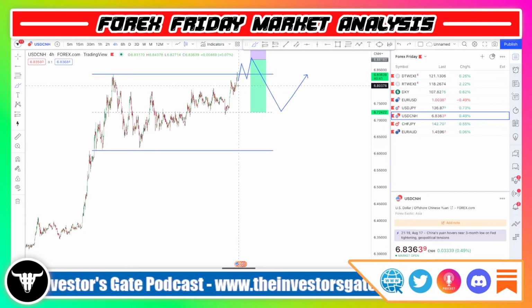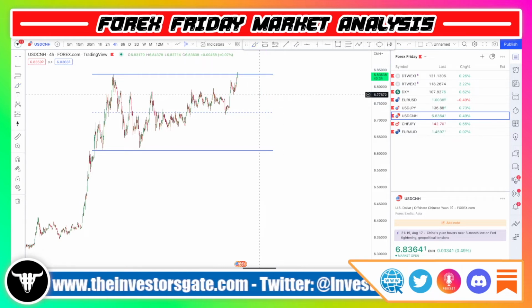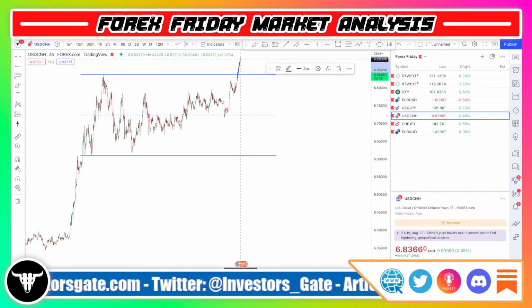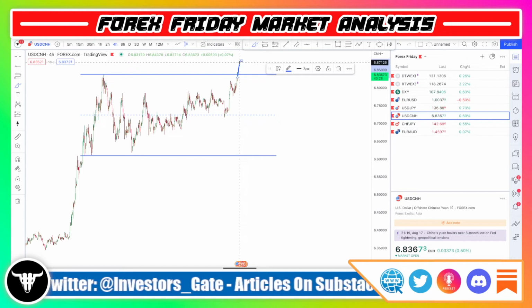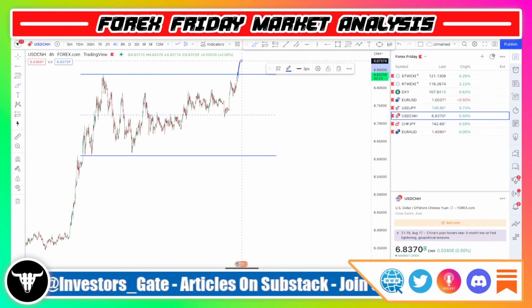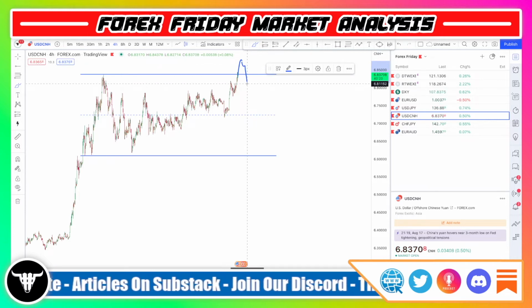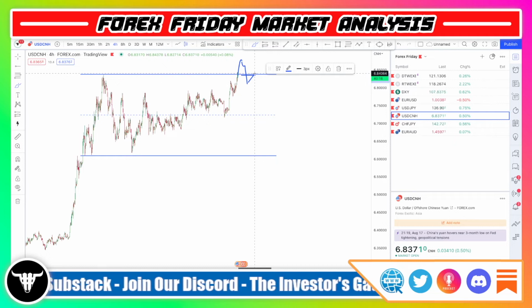But I would look to see, so we have this swing. Actually, let me get these arrows out of the way. Okay, so we could see a push above, and then I would want to see possibly that be just a wick, or even if we do close a little bit up here, I want to see a close back below this range high, and then you can look for the retest and a push down.